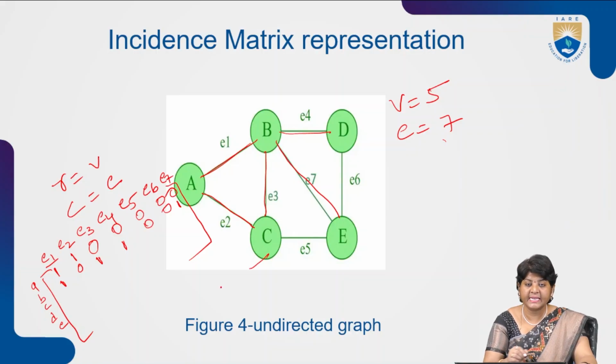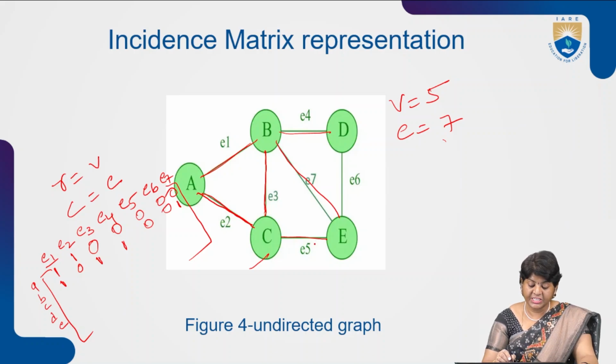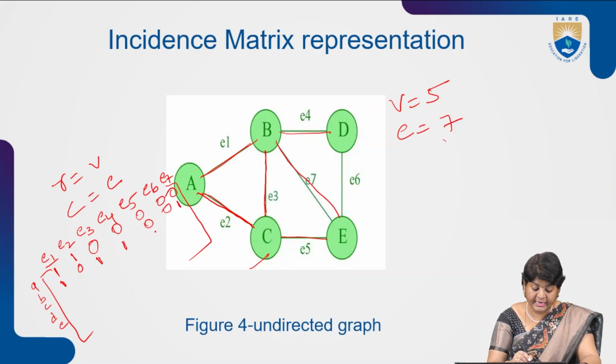Now coming to vertex C, C is incident to E5, E3 and E2. So for E5, E3, E2 we will mark 1 and for the rest of the edges we will mark 0. So for C, E5 is connected, then E3 is connected, and then E2 is connected. The rest of the edges are zeros.